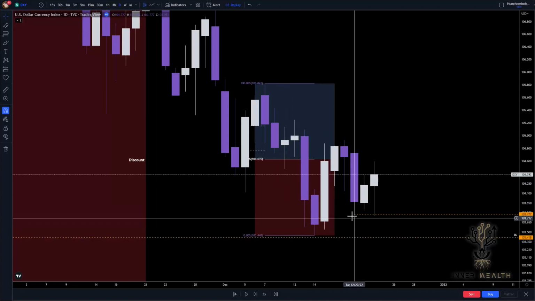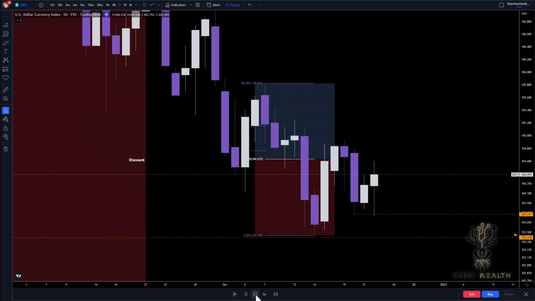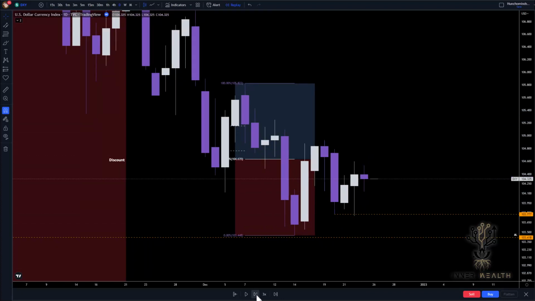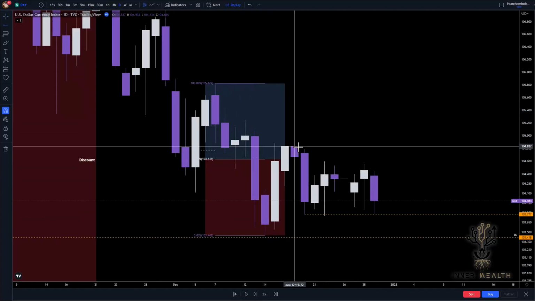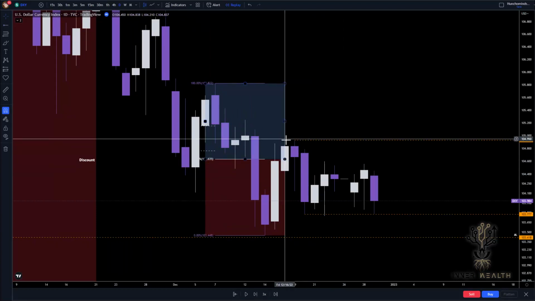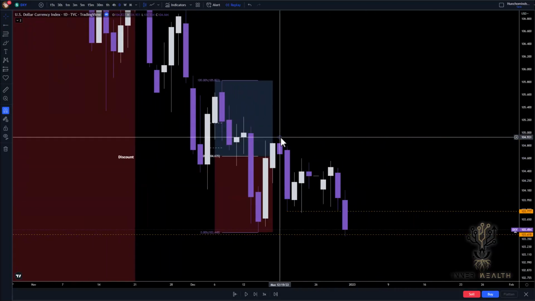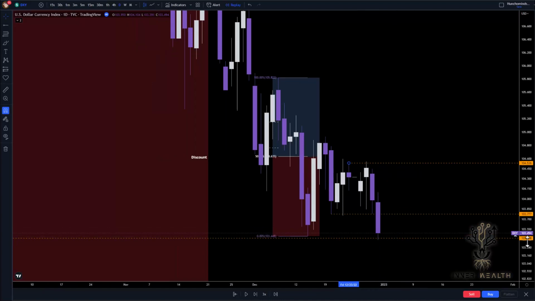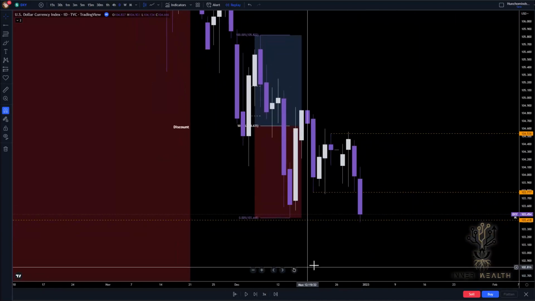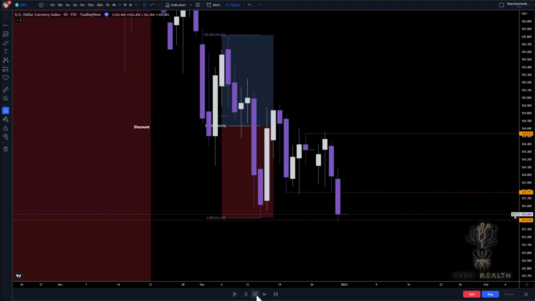Okay, you see how we smacked that low, and then of course that's a discount level. And of course up here we have a premium level. We have those highs, right? And nevertheless, we end up just falling from these highs right here, finally making it down to our monthly objective. Okay, and this is why targets are so important. I want to show you guys.